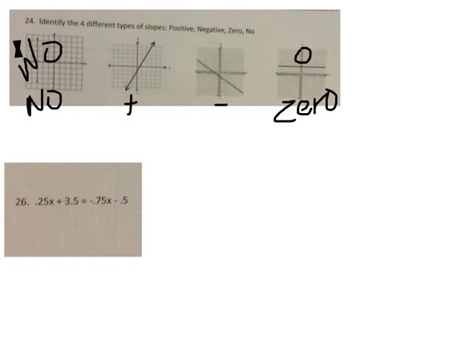Question 26 just is the same thing as what we did before, solving an equation. However, now it has a decimal involved. Don't panic. It's okay. Let's go ahead and do the same thing and move it around. I'm going to take this negative 0.75 and move it over, so it's going to be a plus 0.75.